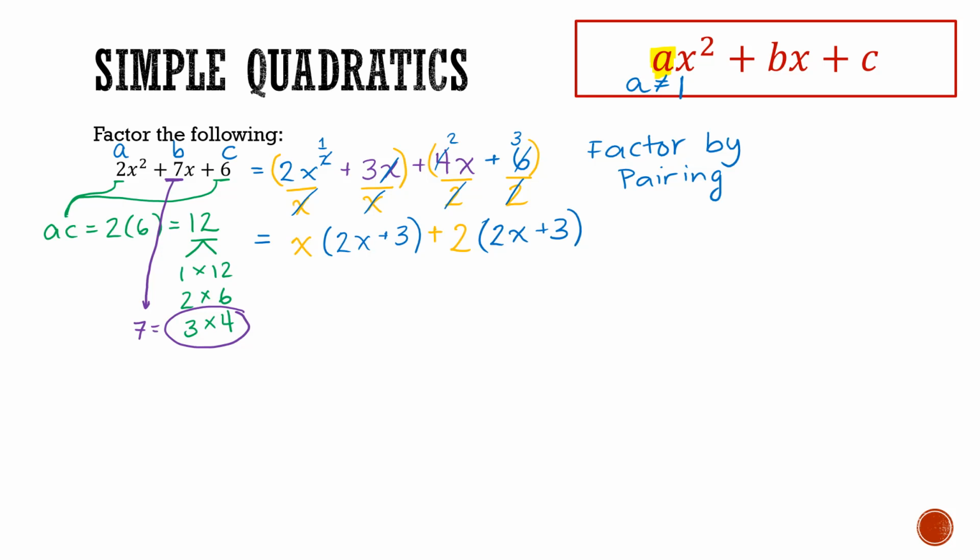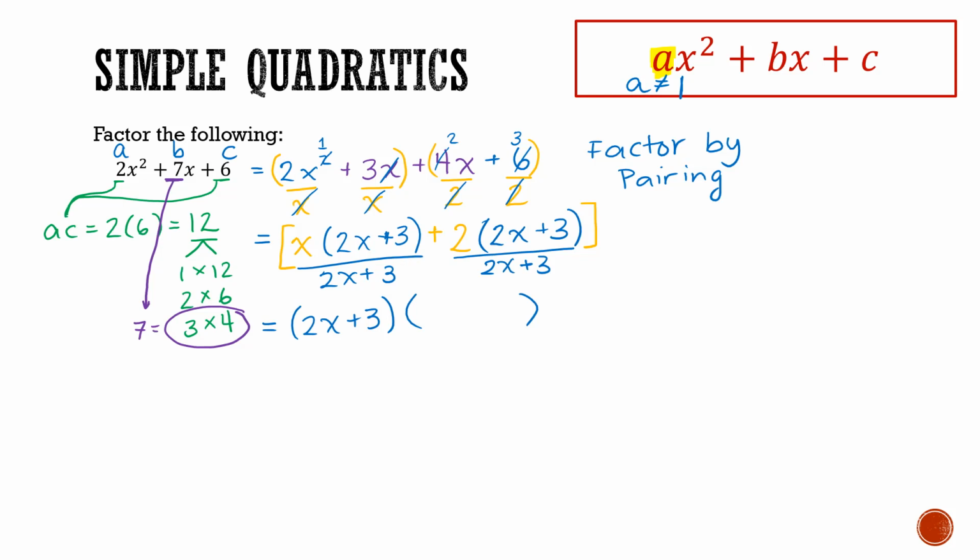Now what I can see is that I have two terms, each with a common factor 2x plus 3. If I factor that 2x plus 3 out of this entire expression, I can get 2x plus 3. Now let's divide each one of these terms by 2x plus 3.